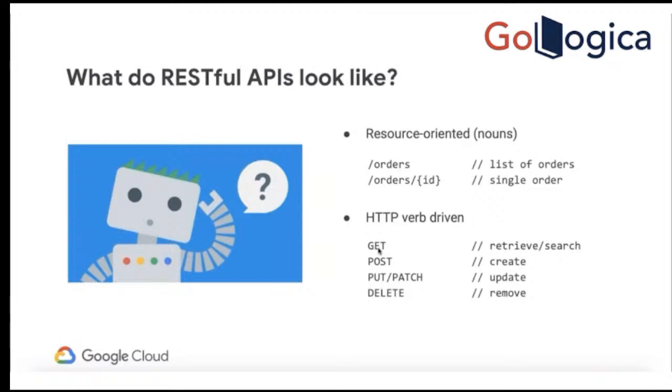If you want to do a retrieval or search operation on orders, it will be the GET method on /orders. So /orders GET defines that you are going to get orders. If you use /orders/id GET, this means you are going to retrieve an order based on the ID.